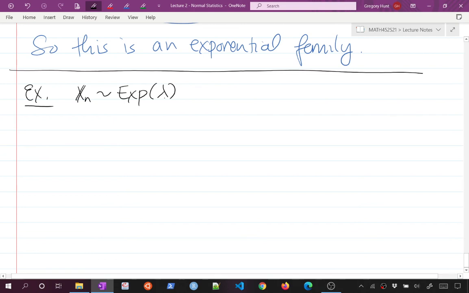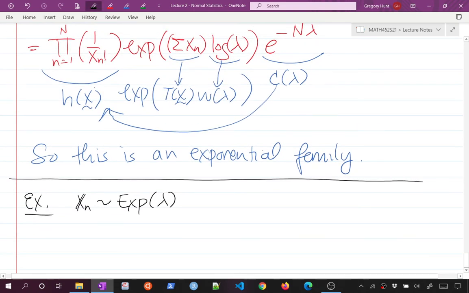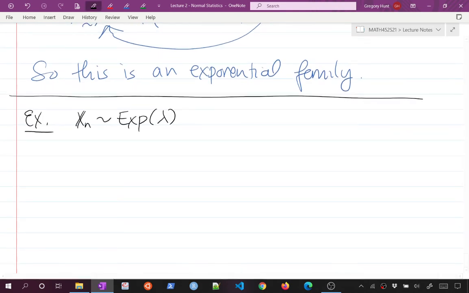Let's prove it. How do I prove it? I've got to prove that I can do this factorization, or write it in this form. I can find an h, a c, a t, and w, so that the joint PDF can be written in this form. So again, let's write it out, I'm going to speed up a little bit here.